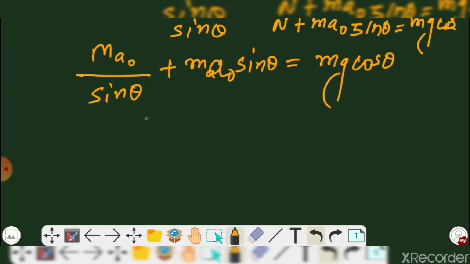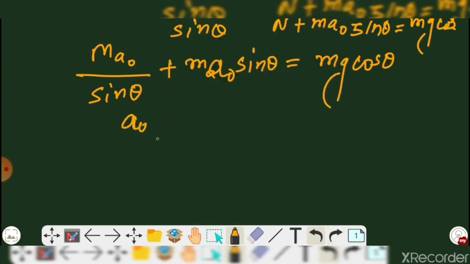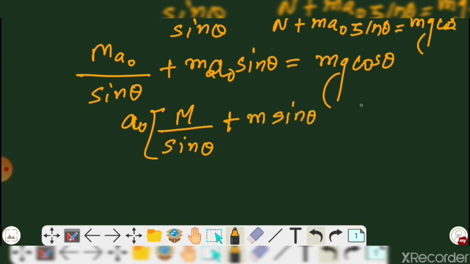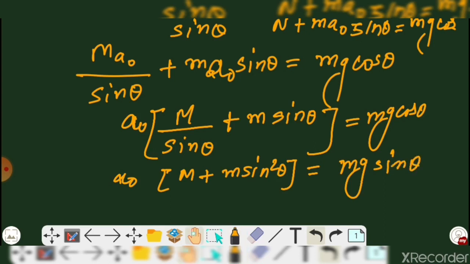Now just take a0 as a common factor. It is m sin theta plus m sin theta, which is equal to mg cos theta. So a0 times m plus m sin square theta, and the rest is transferred to the other side, that is mg sin theta.